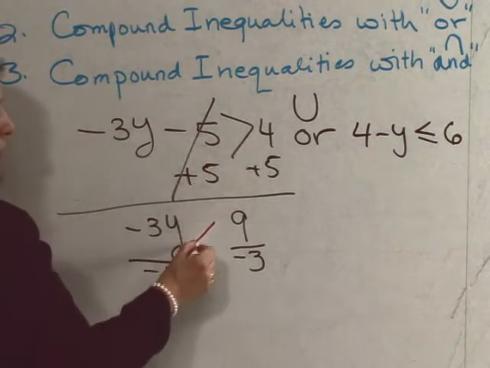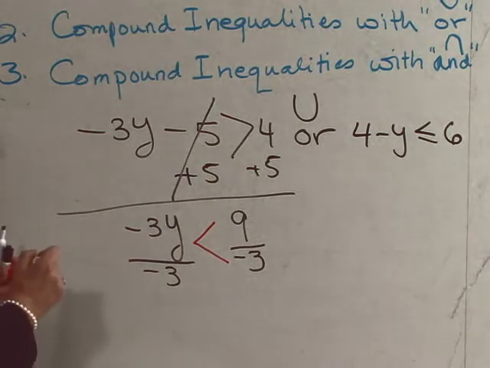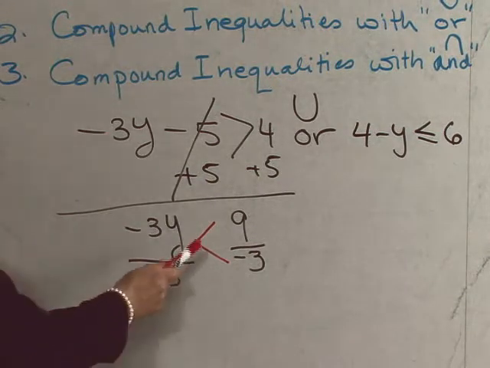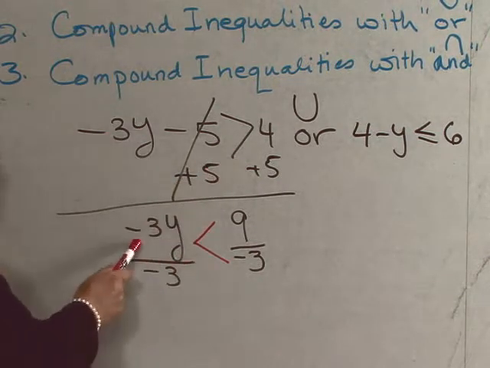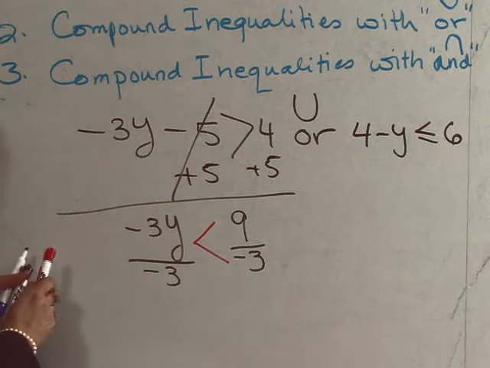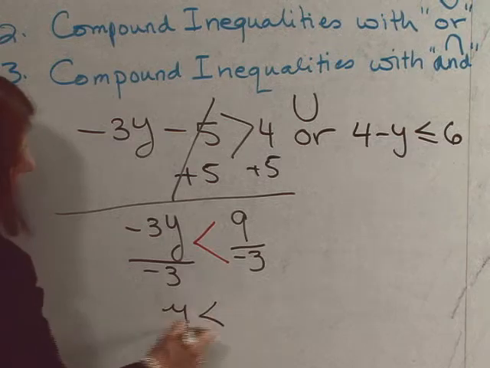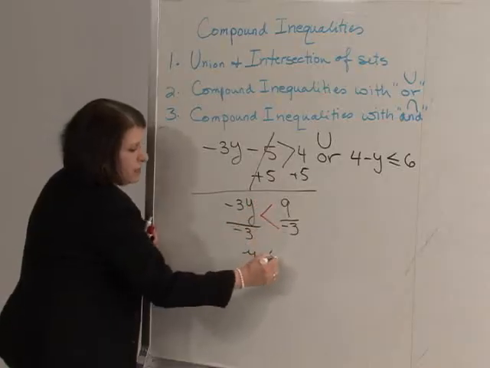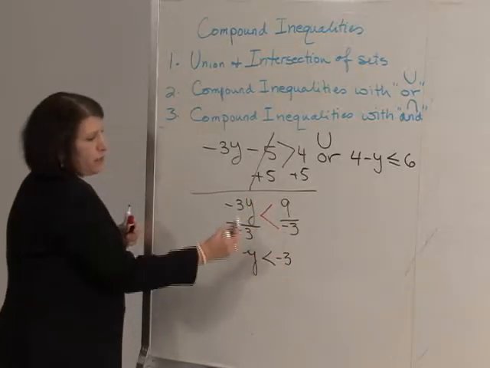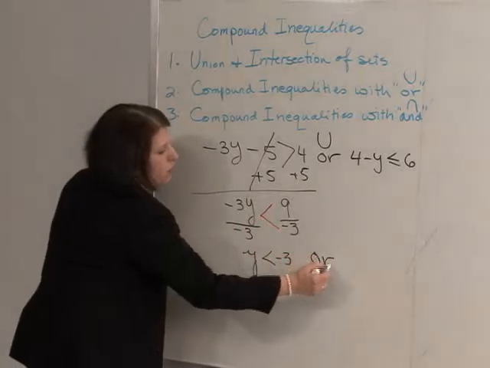So the greater than should become less than. So you need to have your eraser handy and change your inequality symbol whenever you divide or multiply by a negative number. So that's going to give us y on this side is less than 9 divided by negative 3 is negative 3. So that's the first part of the solution, or.